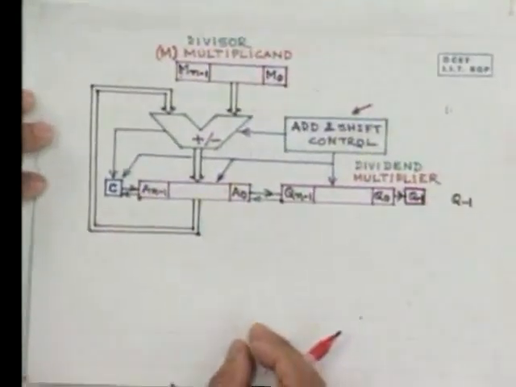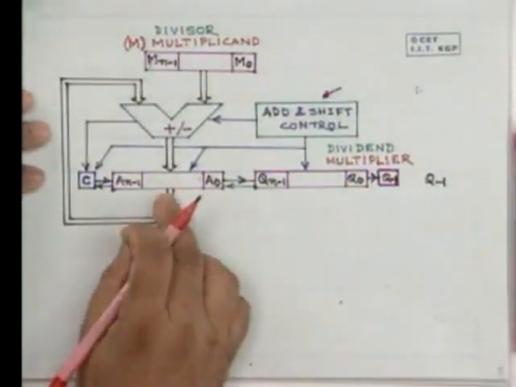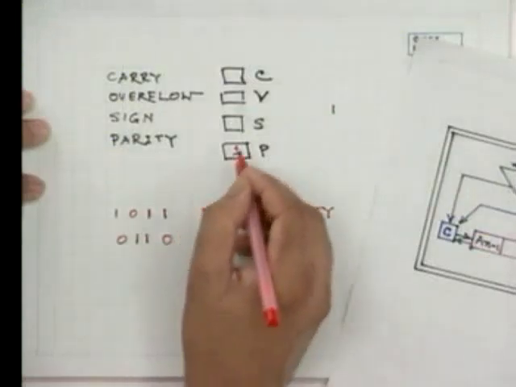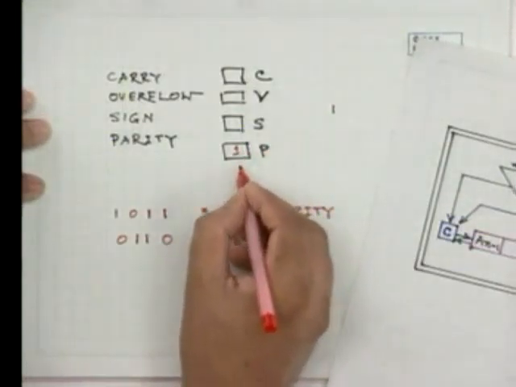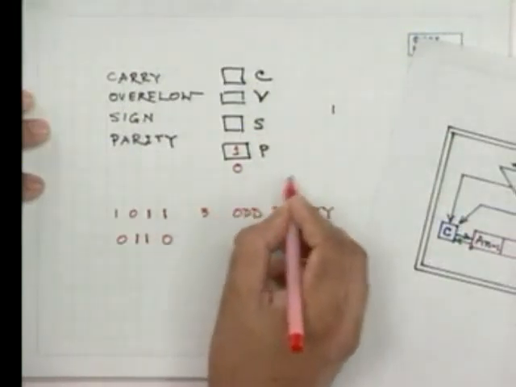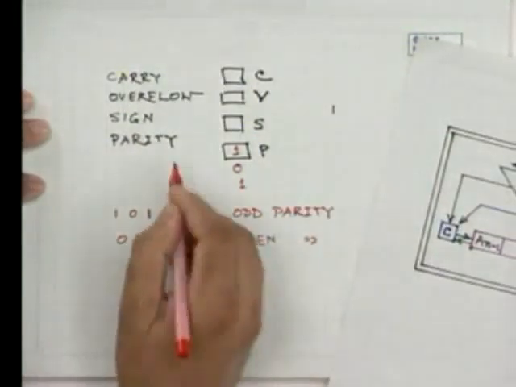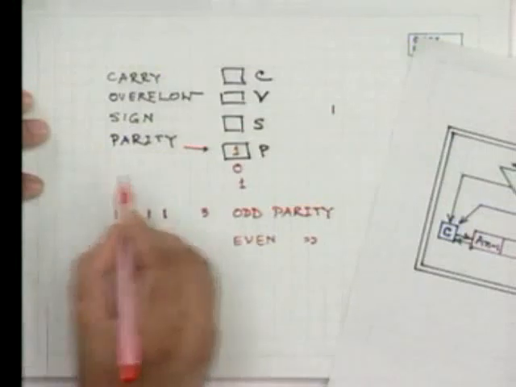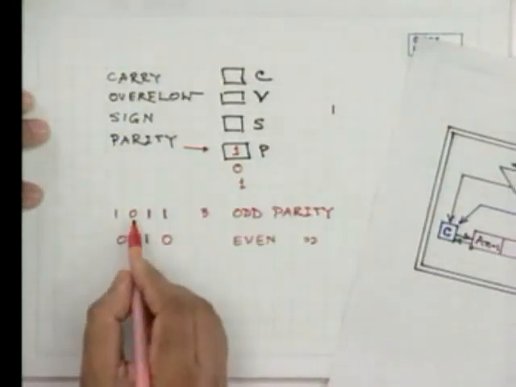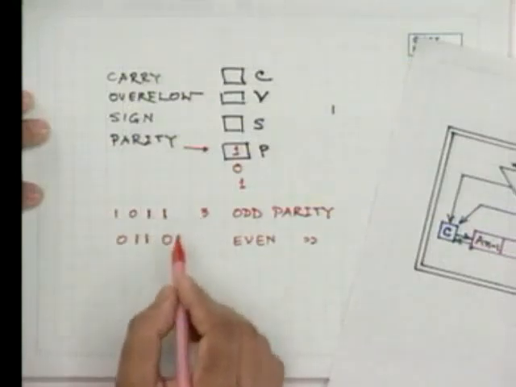Now, some computers keep it as even parity. That means it puts 1 when the parity is even. Sometimes the other way can also be done, that we put 0 when the parity is even, and when the parity is odd, we put 1. The parity bit says what the number of ones in a particular result is.